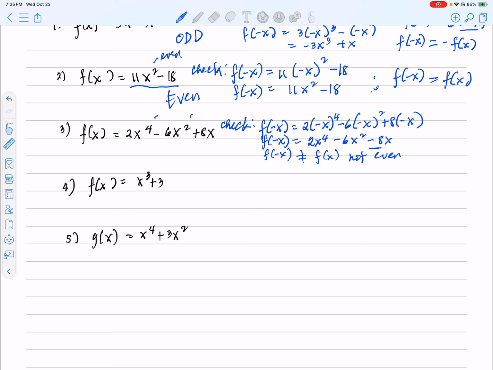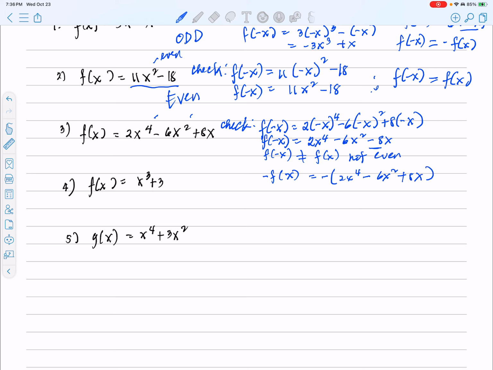Now I have to check if this is odd. What happens if I check whether it's odd? A negative f of x would be, putting a negative outside, negative of 2x to the fourth minus 6x squared plus 8x.